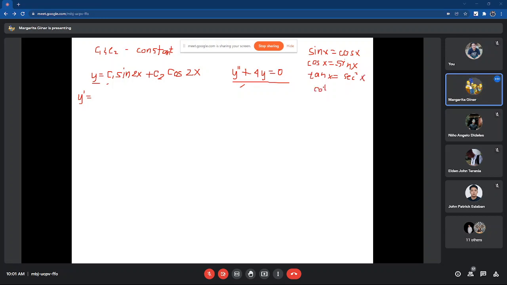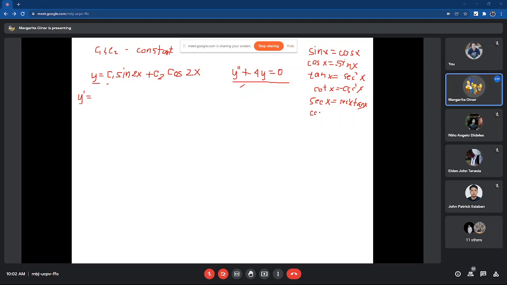The derivative of cotangent x is equals to negative cosecant squared x. Sine, cosine, tangent, cotangent. The derivative of secant x is equals to secant x tangent x.